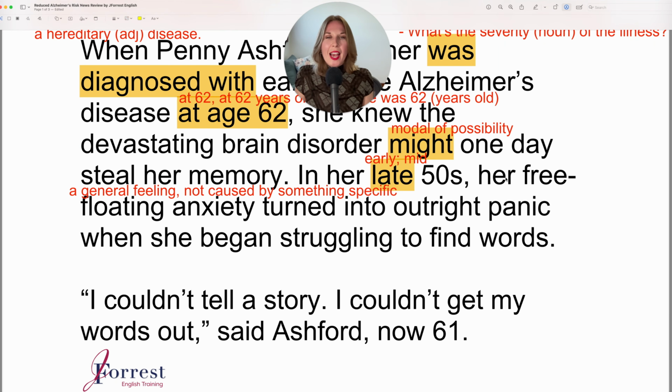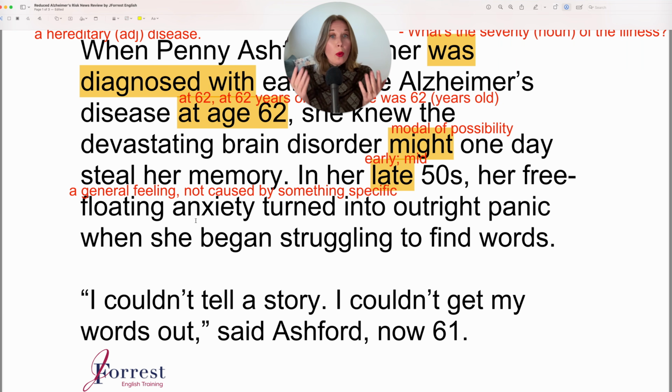Let's review these adjectives here. We have free-floating anxiety. So what is free-floating? Well, if you have a speech that you're giving tomorrow and you feel anxious, that anxiety is not free-floating because you know the cause. You're anxious because you're giving a speech tomorrow.